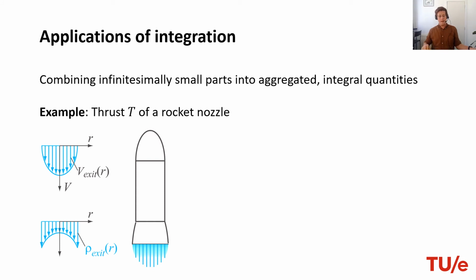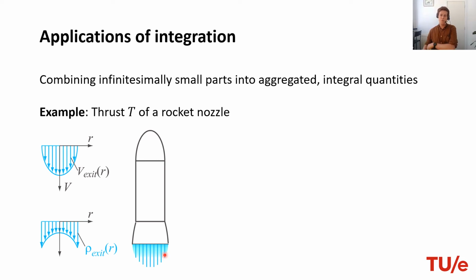Let's look at a somewhat more applied example. Let's take a look at the thrust that we get from a rocket nozzle. A rocket nozzle works as follows. We have some combustion going on in a combustion chamber, and a certain amount of mass is ejected from the nozzle at a high velocity.